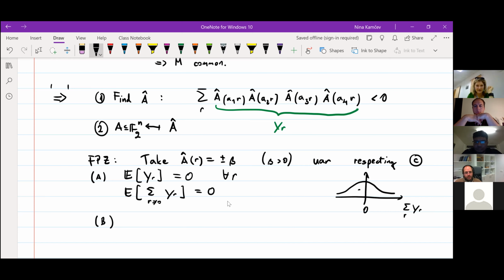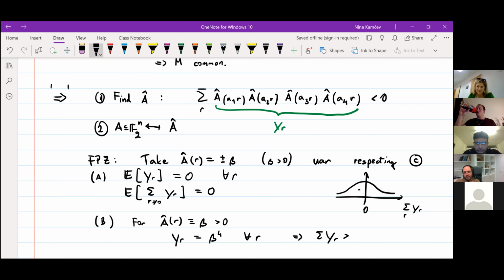So we say that when A hat R is identically beta, which is bigger than 0, then YR is beta to the 4th for each R, and therefore the sum is positive.